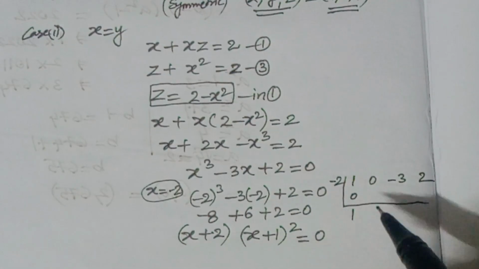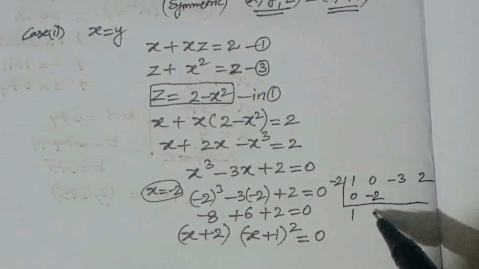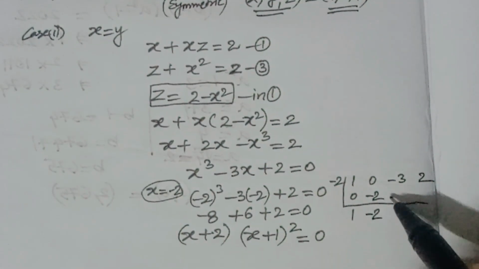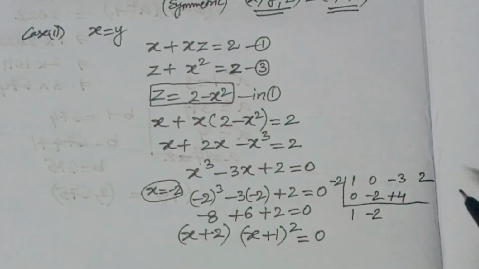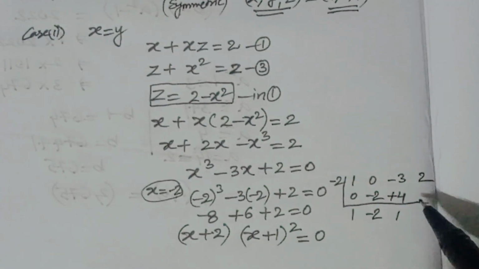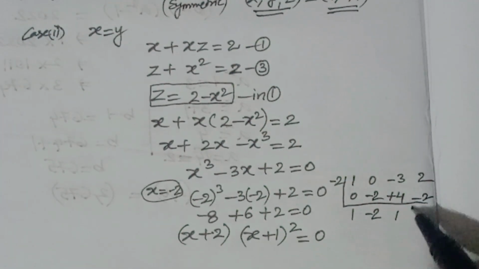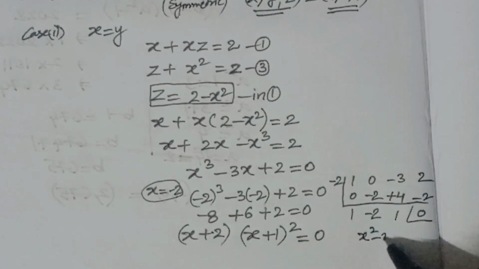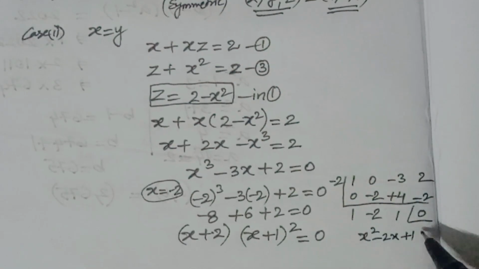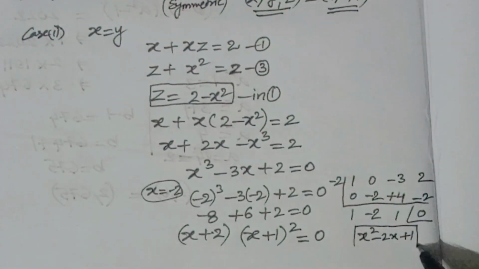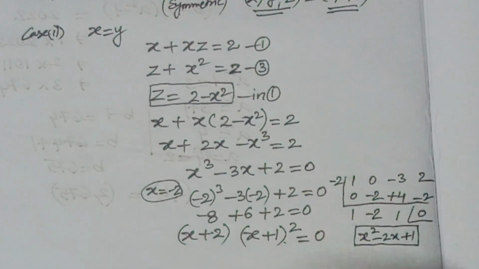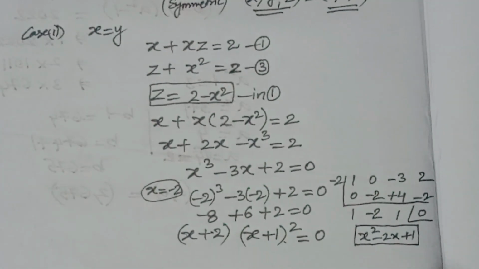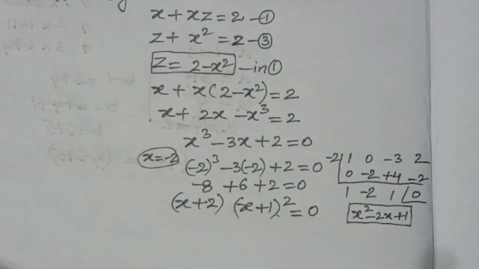So here 1, minus 2, then plus 4, and we get 1, minus 2, 0. So here we get x square minus 2x plus 1, which can be written as (x minus 1) whole square.